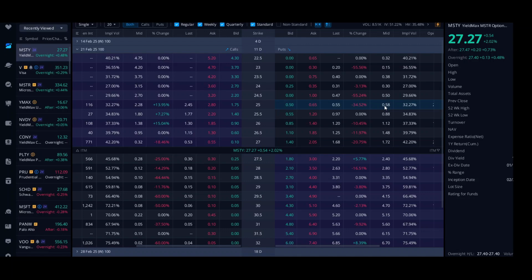Now, if the price goes to $24 at expiration and I have a contract saying I will buy those shares at $25, then yes, I could be put those shares and I would have to buy 100 shares at $25 each.